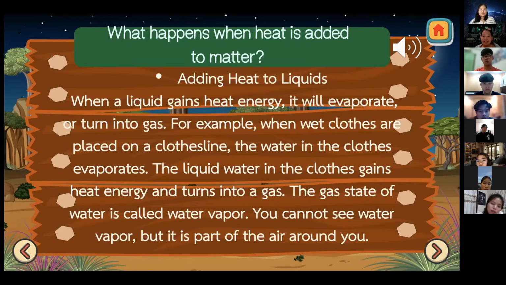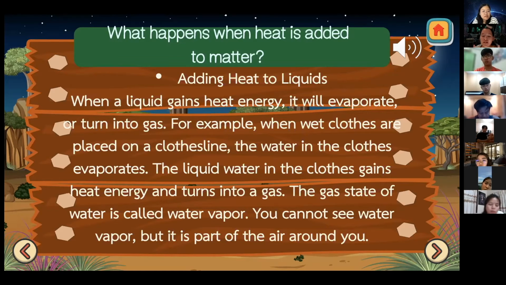Okay, everyone. In this paragraph, adding heat to liquids. When a liquid gains heat energy, it will evaporate or turn into gas. For example, when wet clothes are placed on the clothesline, the water in the clothes evaporates.